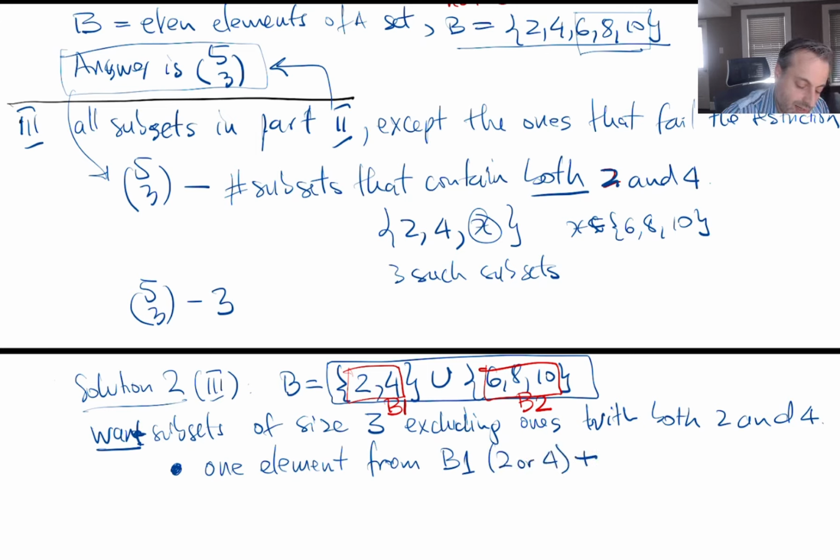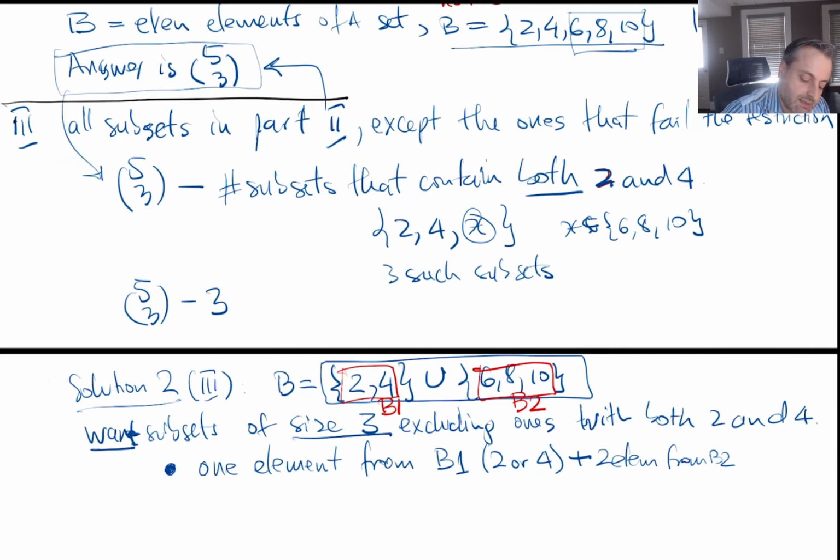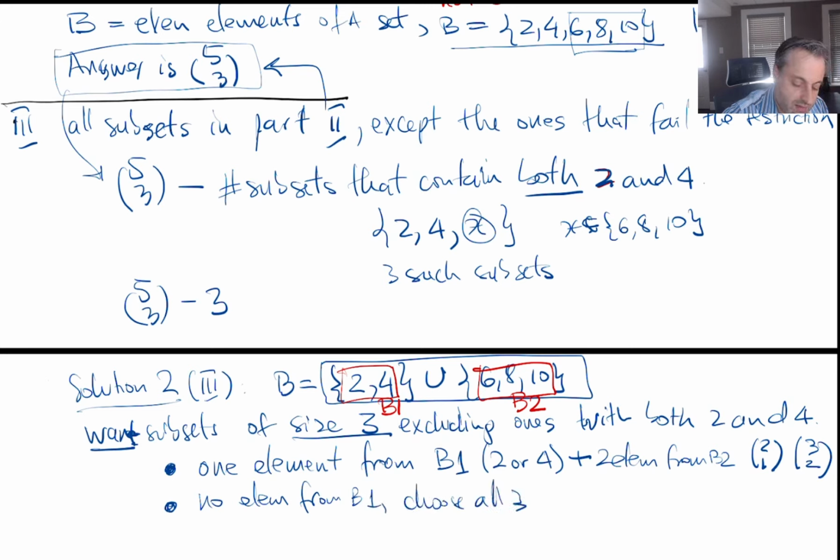And 2 elements from B2. Remember, I need a total of 3. So that would be, I pick 1 from B1, that's 2 choose 1, and I pick 2 from B2, that is 3 choose 2. Or I could have no element from B1, just choose all 3 from B2.